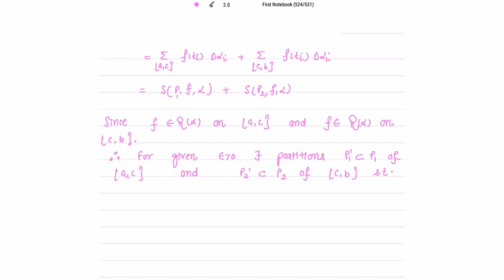Now, since f is Riemann integrable on the closed interval [a, c] and also Riemann integrable on the closed interval [c, b], for a given positive epsilon we can find two partitions.